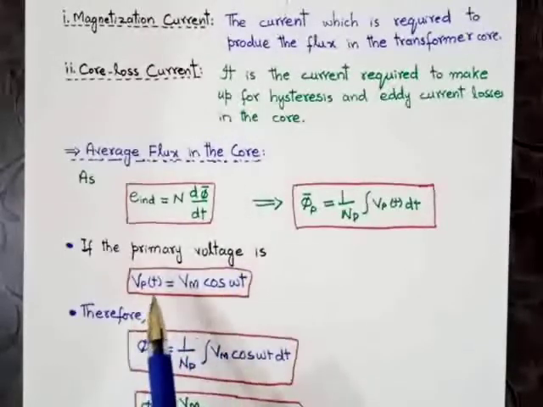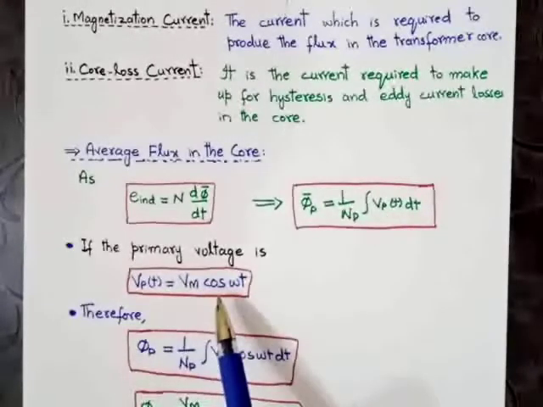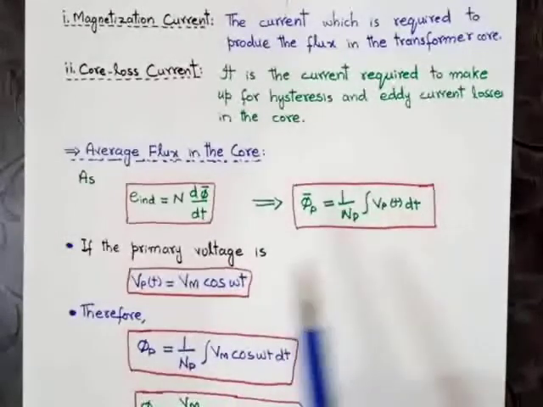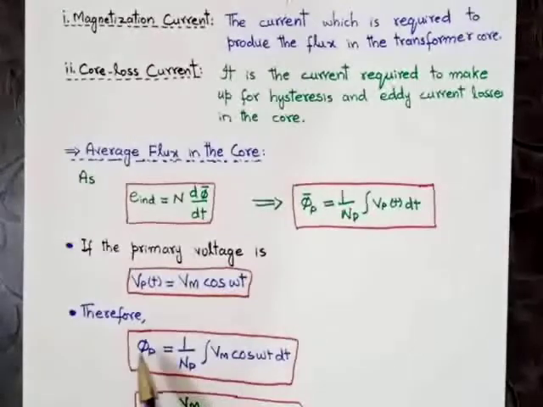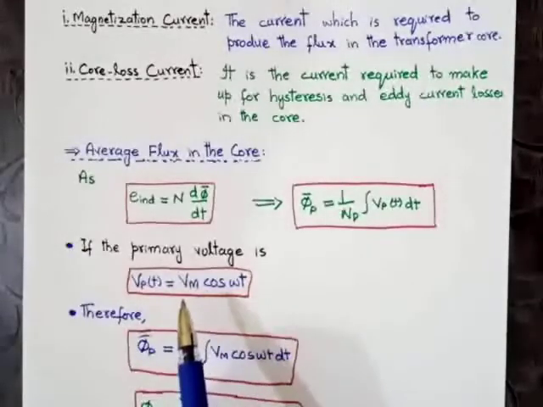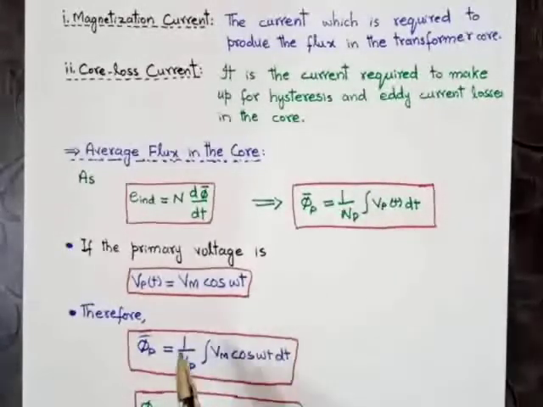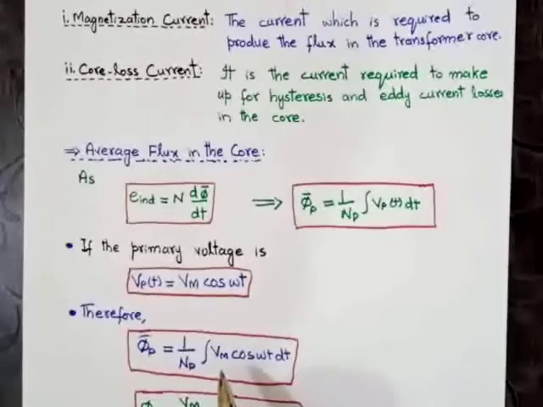Putting the value of Vp(t) equal to Vm cos omega t in this equation, we get the average flux across the primary winding equal to 1 over Np integral of Vm cos omega t dt.